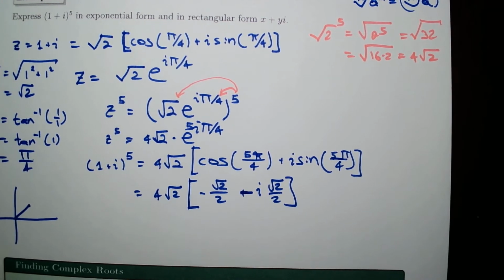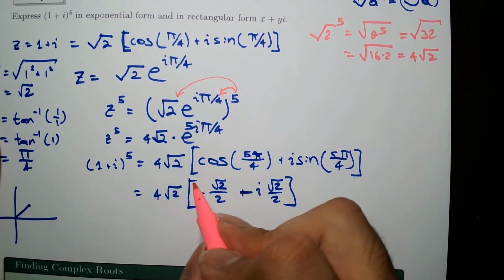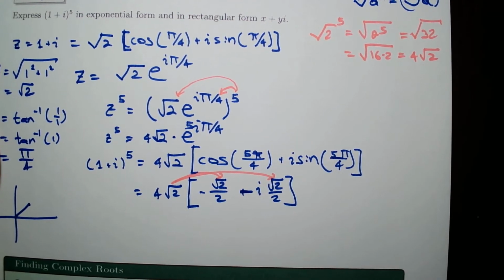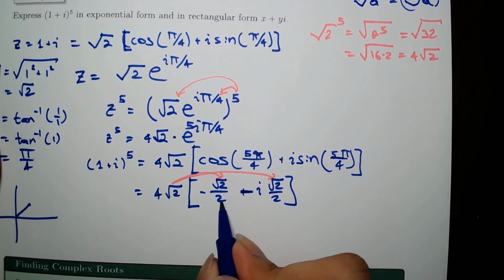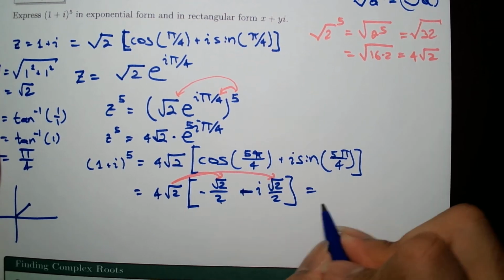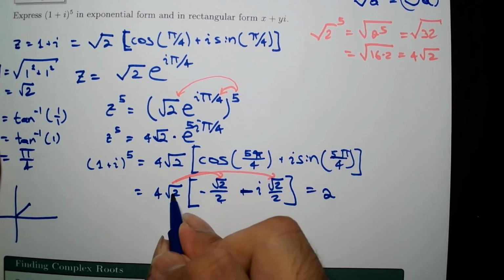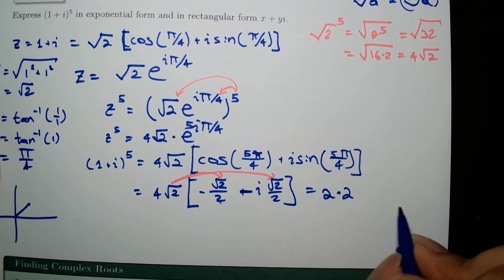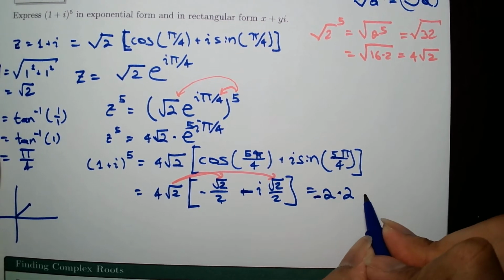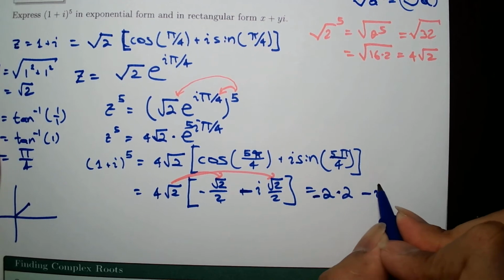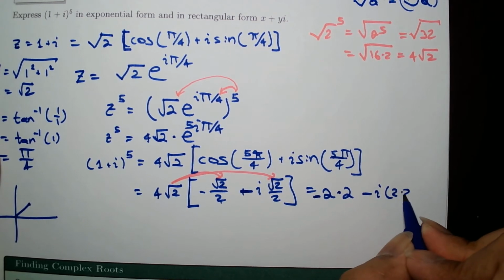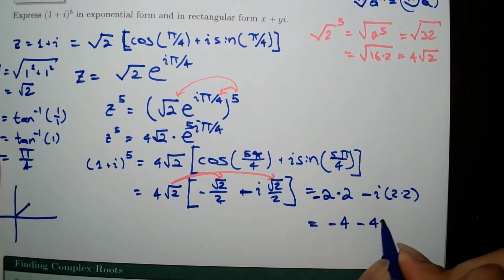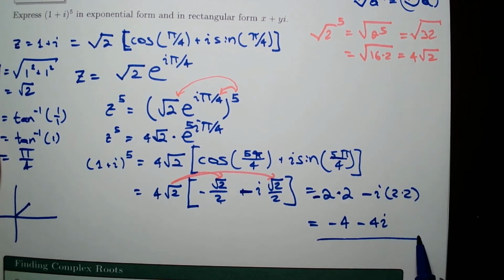And well, let's see, how do we reduce this? Distribute. 4 divided by 2 is going to be 2, times the square root of 2 times itself, which is going to be 2. So negative, and then minus i times 2 times 2, which is actually negative 4 minus 4i as a final answer.